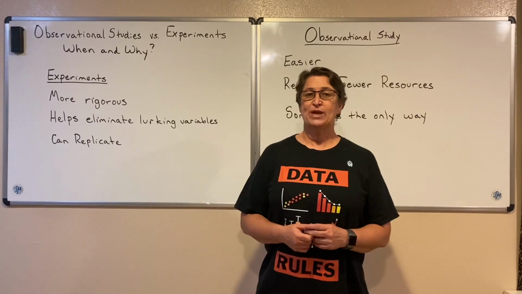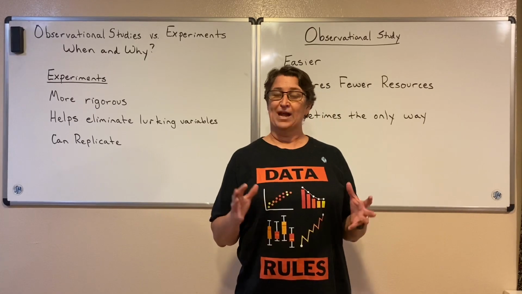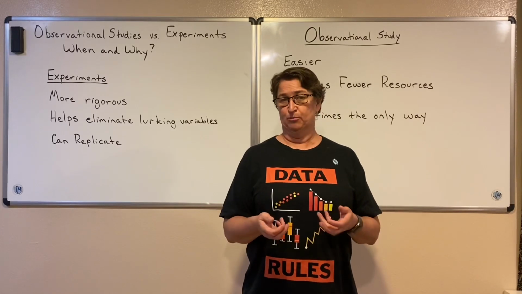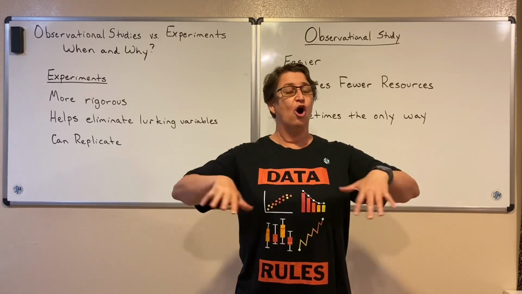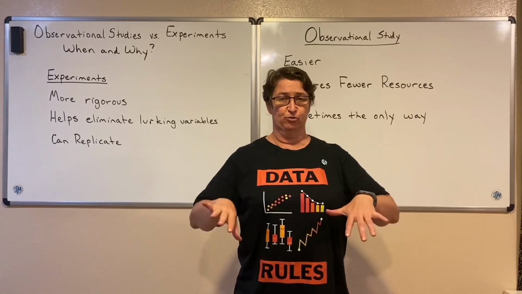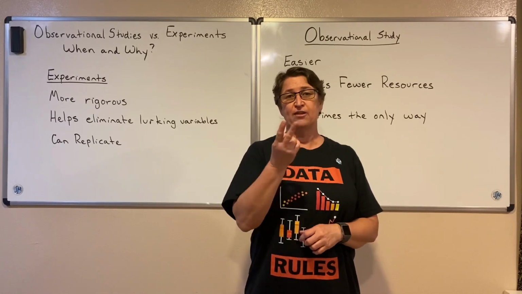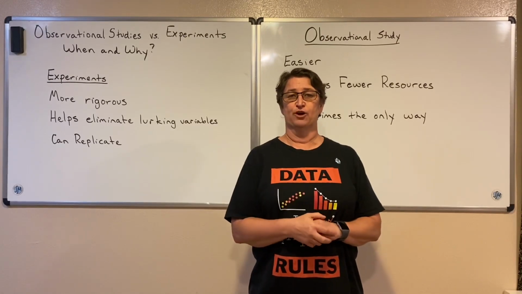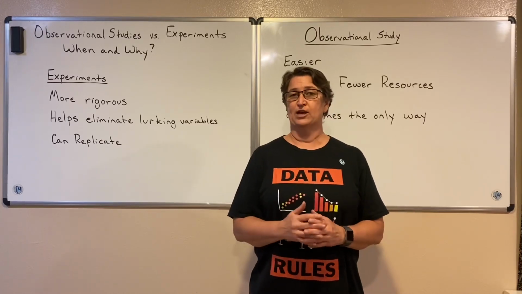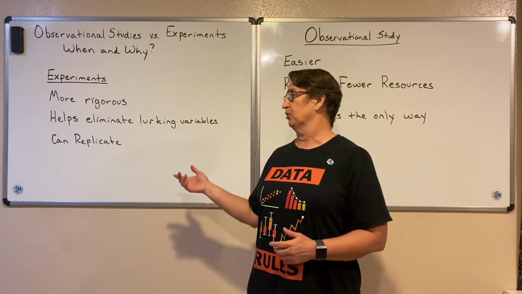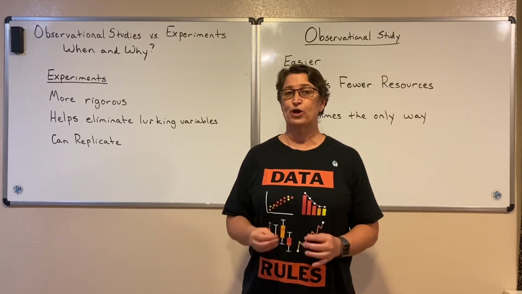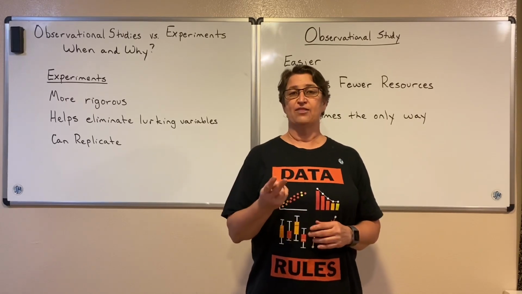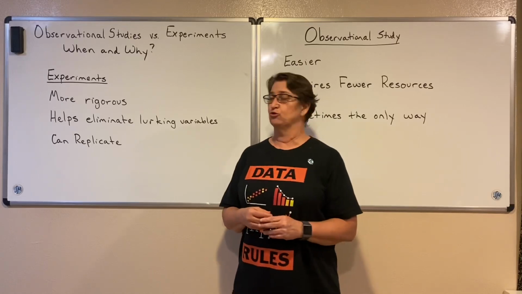When we have two variables that we're trying to look for the relationship between, and we would like to exclude all other variables so that we're just looking at the relationship between those two variables, the best way to go about that is to do an experiment. Experiments are the most rigorous way to find that relationship between two variables.